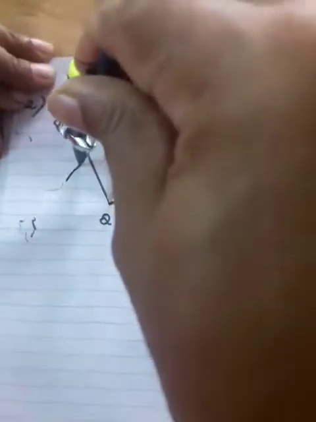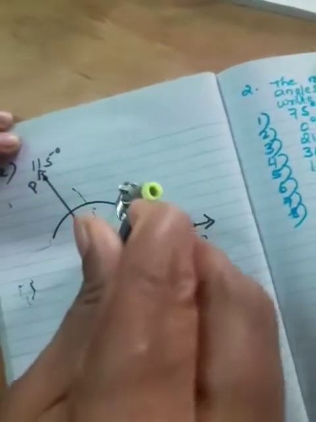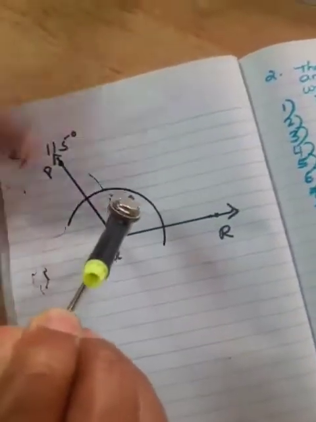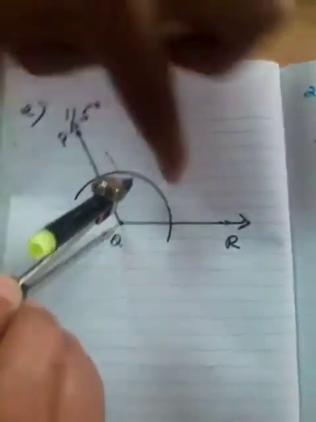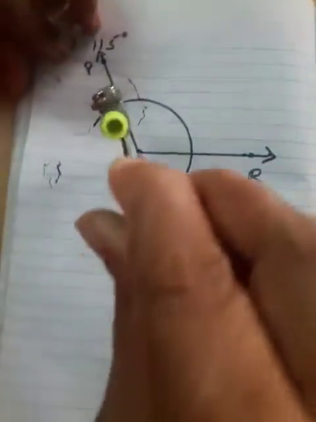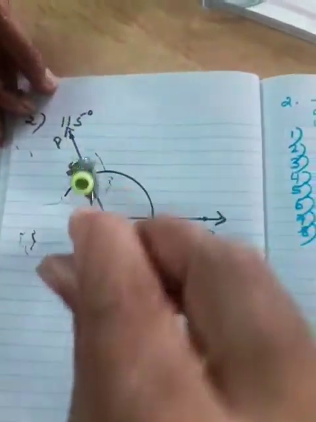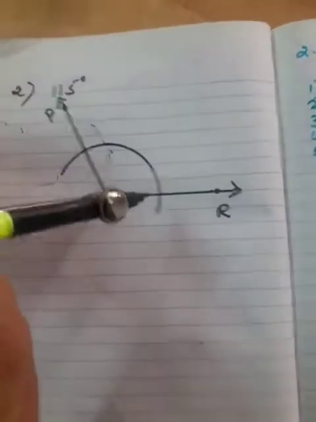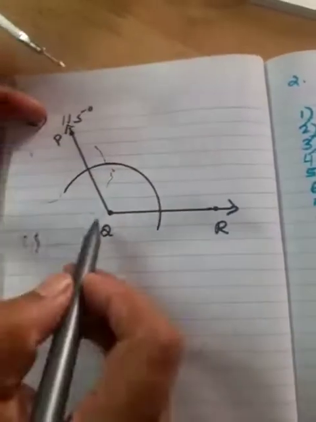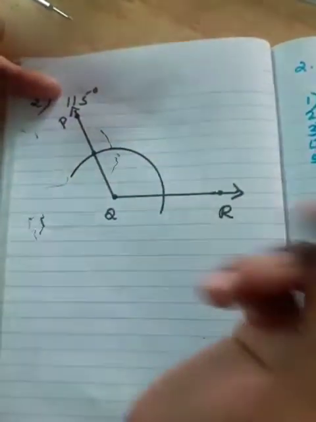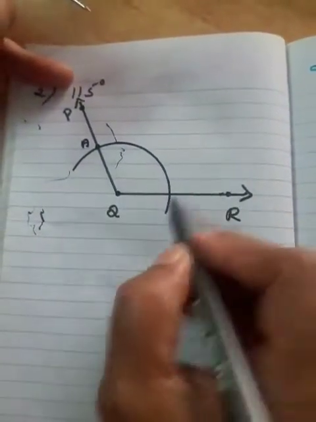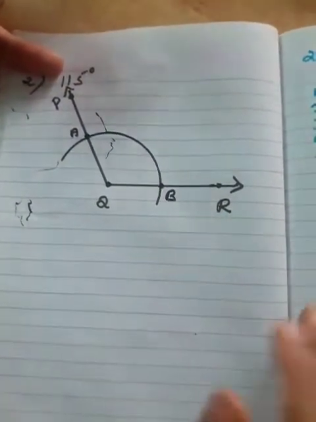Draw an arc cutting the rays QP and QR at two different points. Understood? First, what should we do? By taking a convenient distance, draw an arc cutting the ray QP at A point and QR at B point.